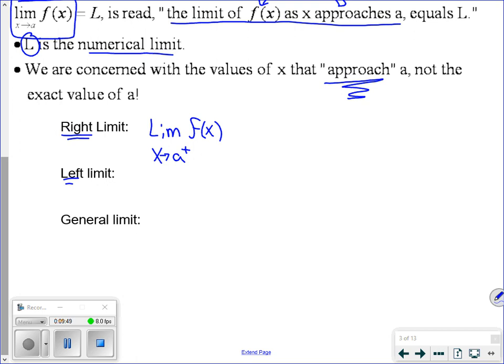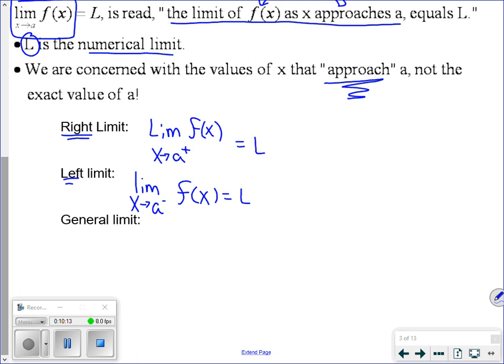Okay, so we're not even worried about the left side. I'm just curious about what value I'm approaching as I'm coming from the right side. Okay, and that could equal some number L. And the limit from the left will be the limit as x is approaching A, we put a little negative symbol there to signify that's coming from the left, of f of x. And I'm curious what that would equal.